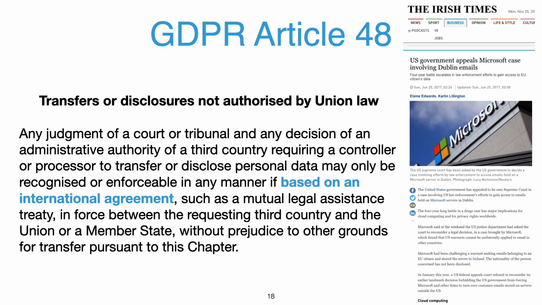Article 48 is legally quite complex, but it deals with the issue of a court outside of the EU requiring data, typically for criminal prosecutions, that is held in the EU. And so this article says that that can only happen if it's based on an international agreement.